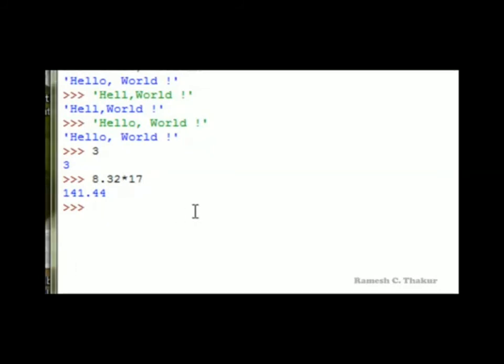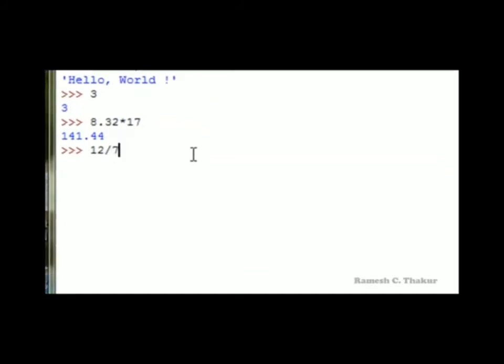And by this you can write any complex statement also, like 12/7 I am writing. It will divide, and it will give me 1. 12 divided by 7 gives 1. If you want the remainder, then you have to use double slash. That is a separate part; we will discuss it as we move further in programming.